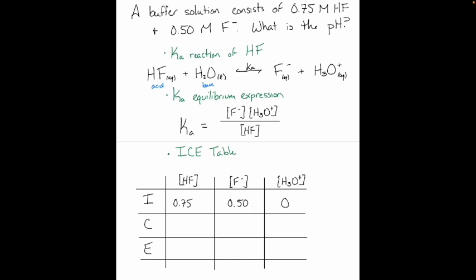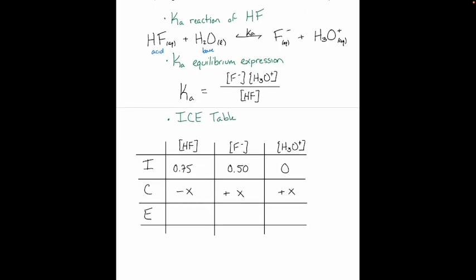What's going to go in the change box for HF? Minus X. And what about for the other two? Plus X. And then I'm just going to sum it all together for my E box. So then I can take this and plug this back into my equilibrium expression.